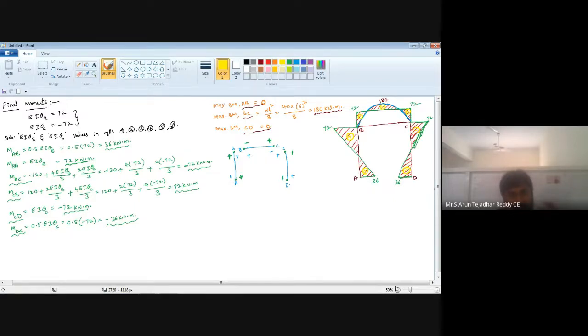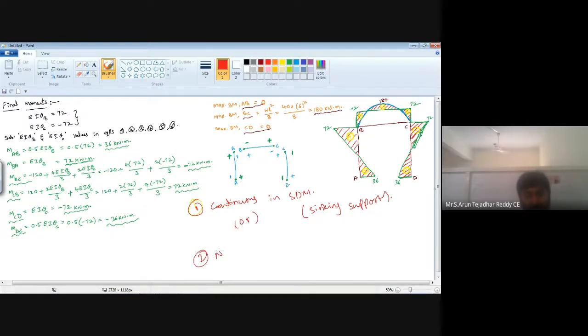Because in my point of view, in the external exam, they will give two things. First one is, we have a continuous beam in the slope deflection method, and in that we have a sinking support. So that is third problem. Or else second one is non-sway frame.